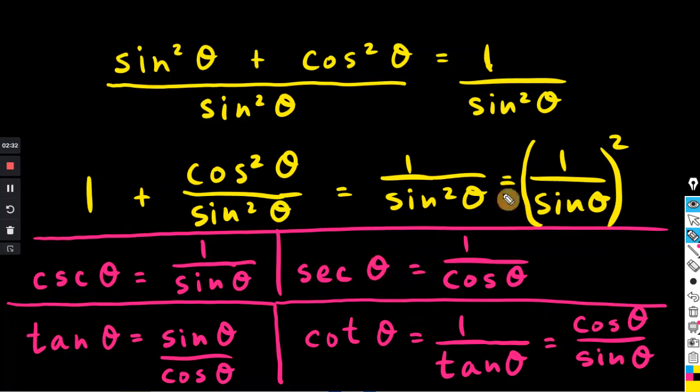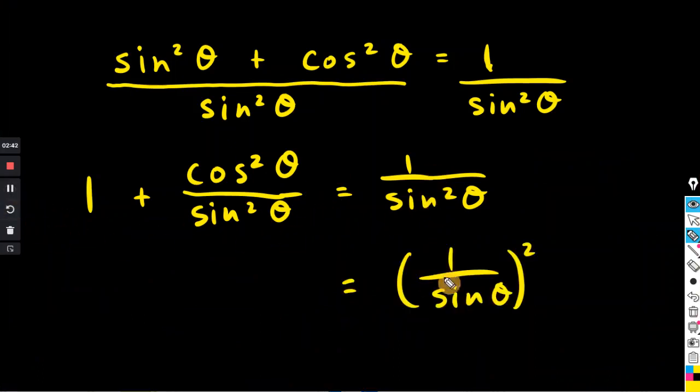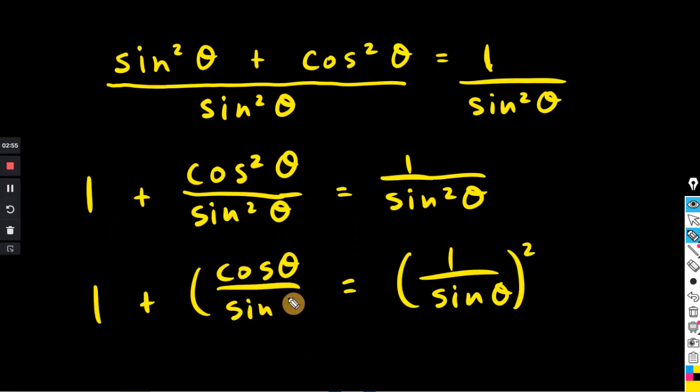All right, let me rewrite this vertically. I'll have to erase this mess here, but you need to know these for this proof. All right, so this is 1 over sine of theta squared. This is still 1, and this is going to be cosine of theta divided by sine of theta, and that whole fraction is squared.